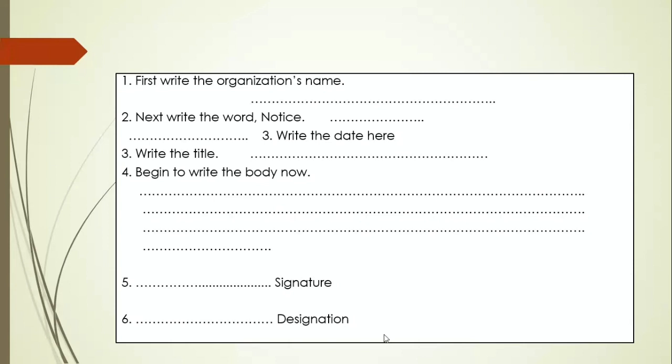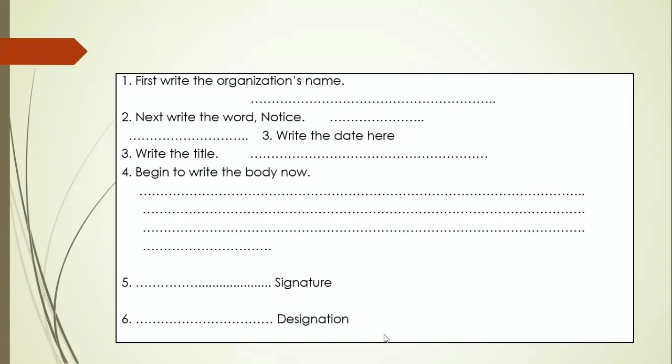Next, write the word notice. The word notice must appear immediately after the organization name. Next is the date. That must appear either on the left at the top or it must come down. Next is a space for the title.